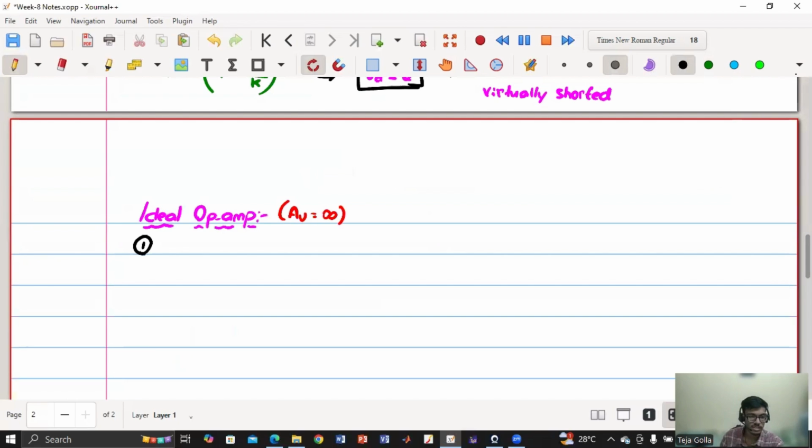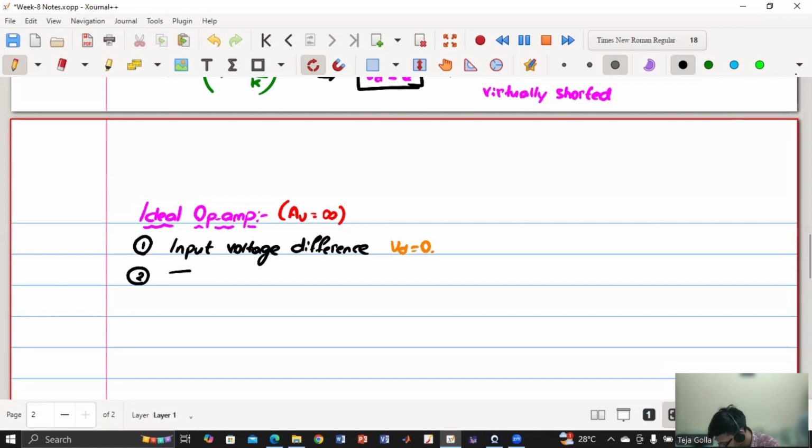So what are the observations that we got? First, we got the difference between the inputs is zero. So the difference between the inputs, or you can say the input voltage difference, which can also be written as Vd equals zero. This is point one, and point two is the two inputs of the op amp are virtually shorted, because we are getting Vd as zero, which means both are actually shorted, but outside they are not shorted, but internally they are acting as if they are shorted.